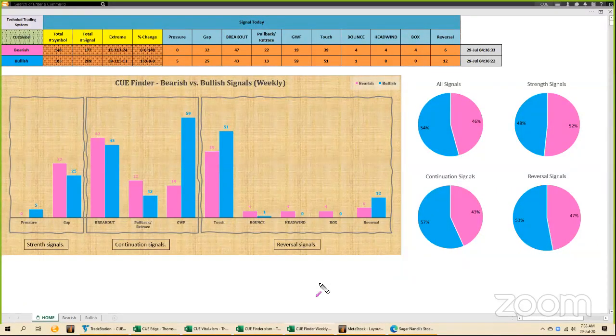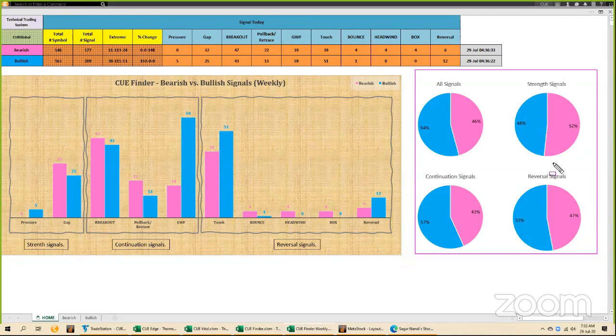For the weekly interval, today is Wednesday, pre-market hours. The picture is balanced and it is running the scans on the current week. It is not previous week's data, it is real-time data, current week's data. Whether we look at all signals, strength signals, continuation or reversal, everything looks balanced between bearish and bullish.